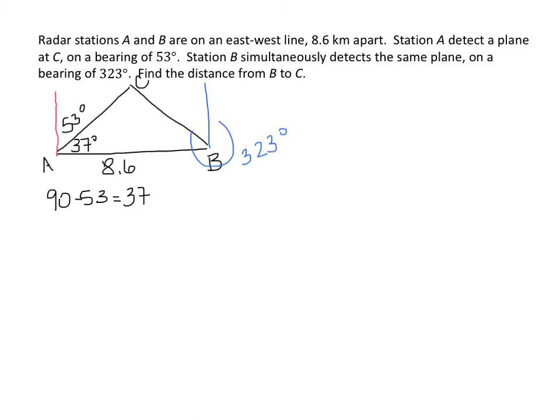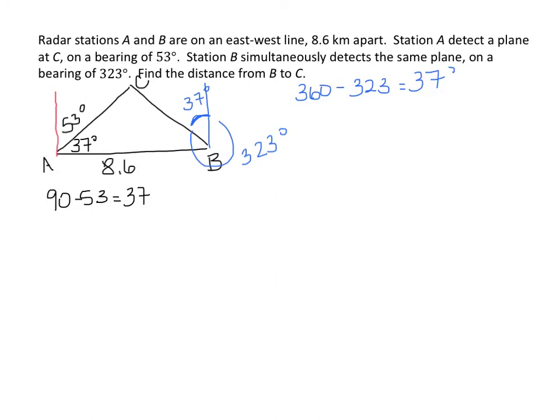Angle B is going to be a little bit trickier. The first thing that I'd like to do is find this angle here. I know a full rotation is 360. I can subtract out the 323. So that smaller angle is 37 degrees here.